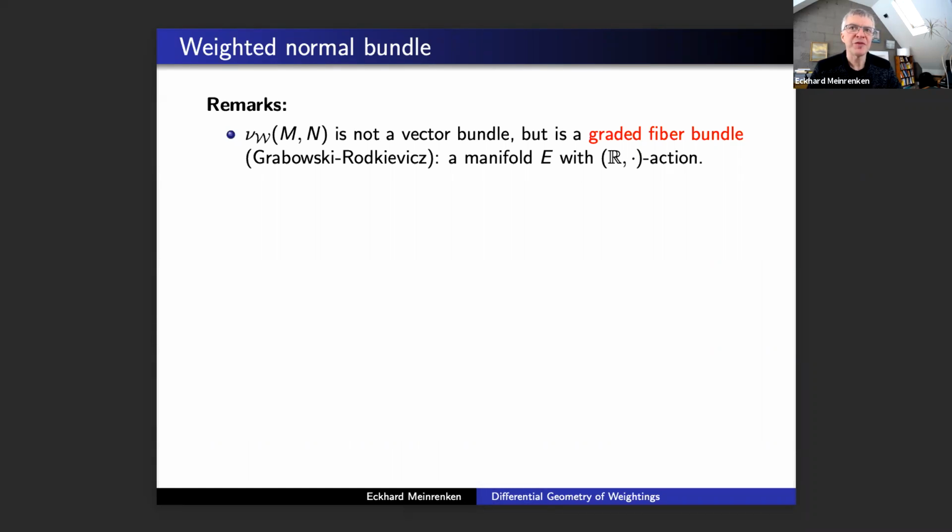This is similar to what we had with the rth tangent bundle, which is not a vector bundle. There's this scalar multiplication action on it, but it's not a vector bundle. So it's what's now called a graded fiber bundle. This theory of graded fiber bundles was developed in the work of Grabowski and Rotkiewicz. And it turns out to be, you might say, surprisingly rich and interesting.